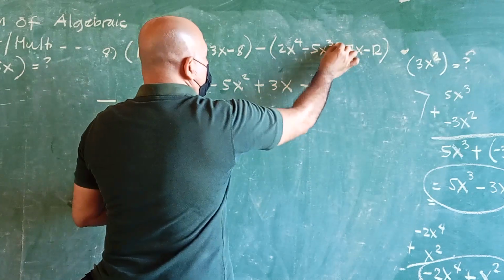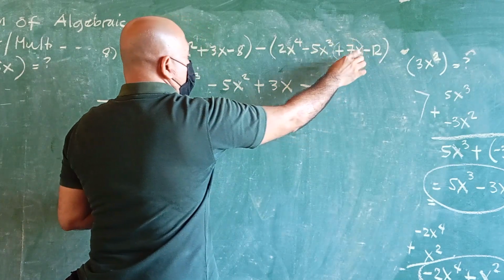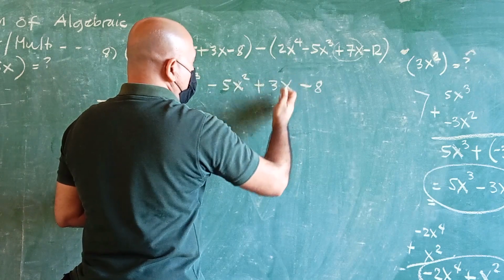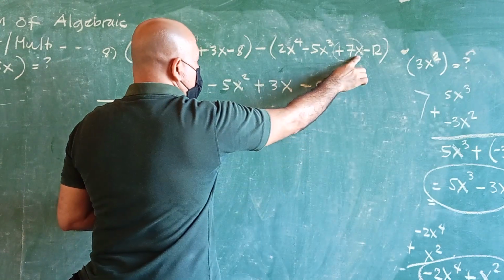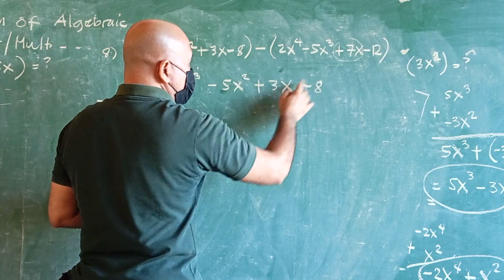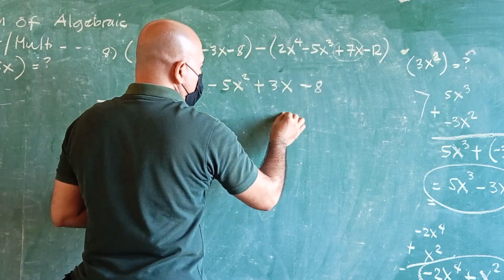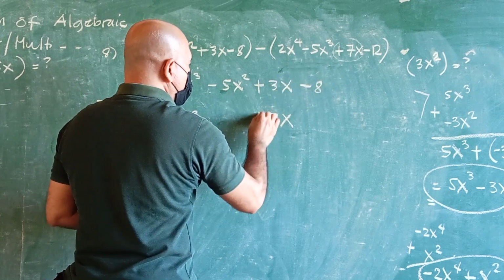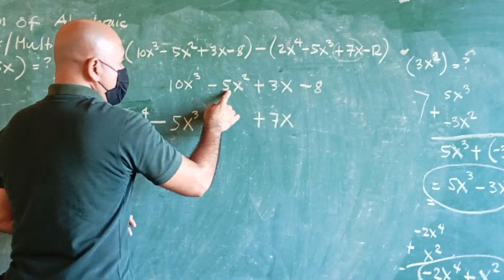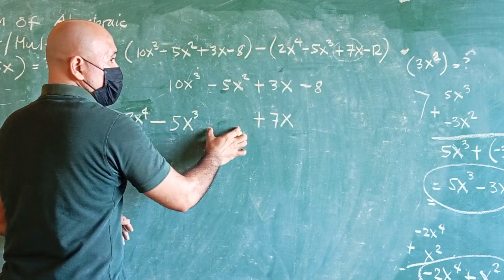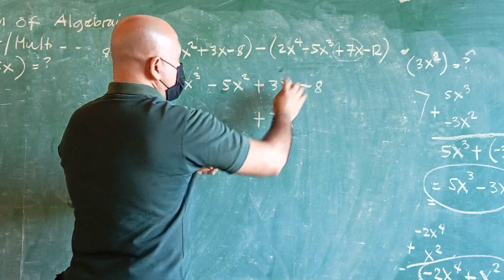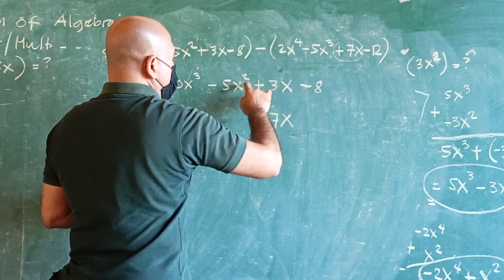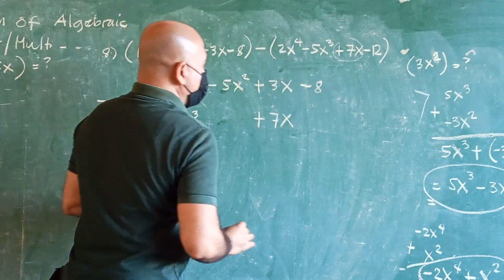So the next one is plus 7x. Try to find out which term here you should place under the 7x, and that is under 3x, because these are the terms with the same variable and exponent, that is 7, and the operation is plus. While under x squared, there is no term that you should place because in this given subtrahend, there is no term that has x squared.